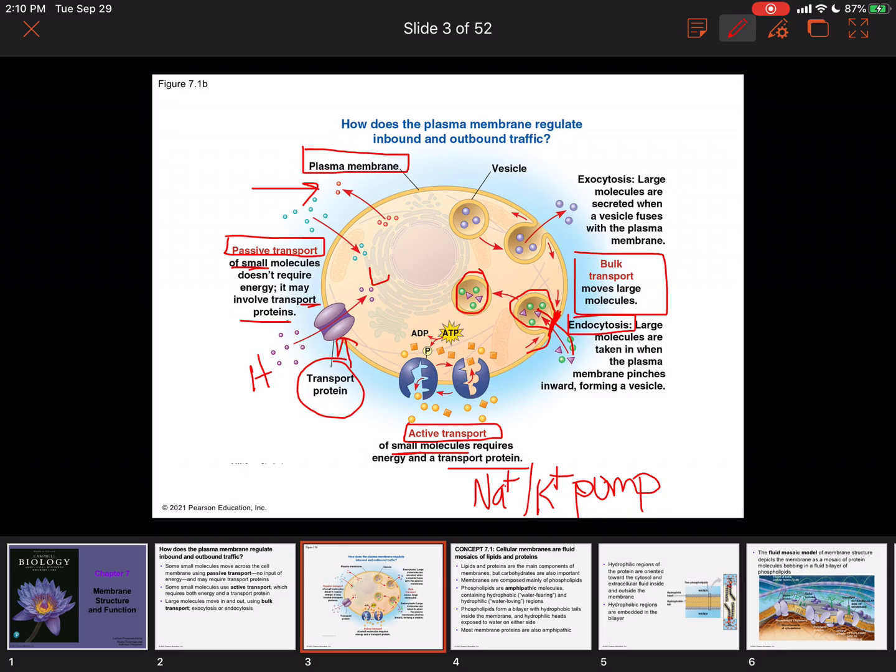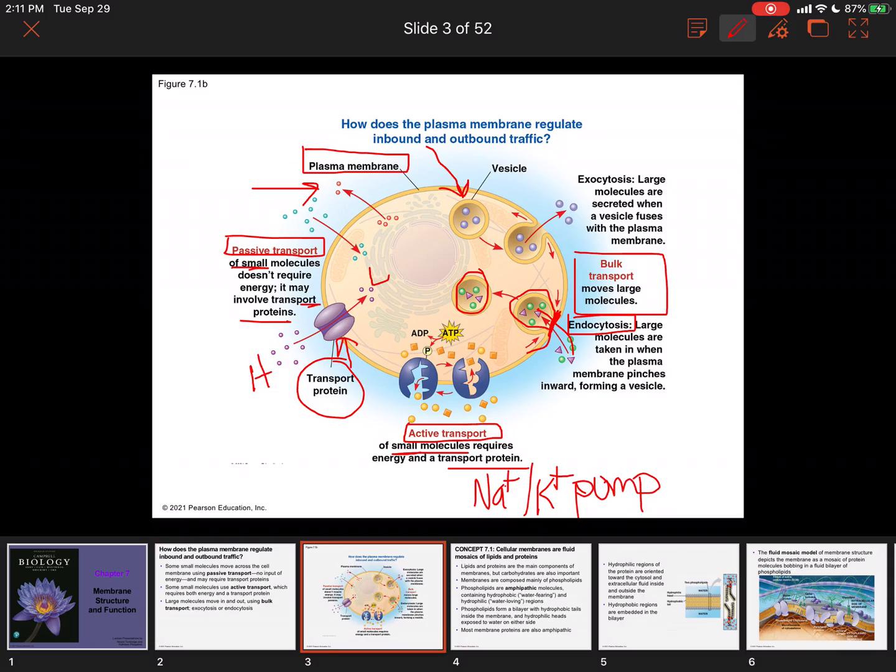Same thing will happen if we need to get large molecules out of the cell. For this example, we could pretend right here in this vesicle that those are proteins that were built at a ribosome. If we needed to get those proteins out of the cell, they could be packaged in a vesicle at the Golgi apparatus.